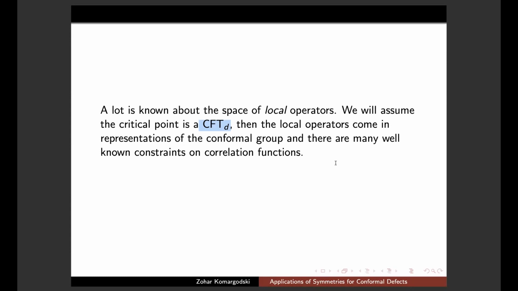Now, as far as the systematic study of conformal field theory goes, there has been probably 5 decades or so of work on how conformal field theories constrain the correlation functions of local operators.